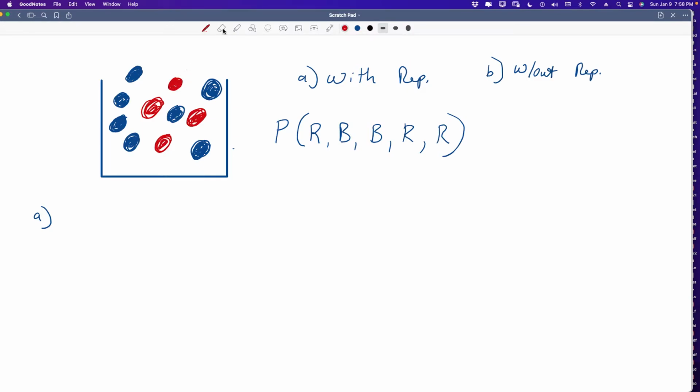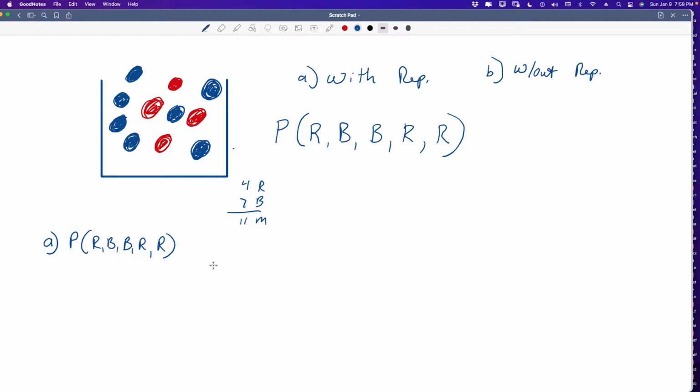Okay. Let me move this down a little bit so I have a place to do a little bit of math. So with replacement means my probability for a red, blue, blue, red, red. Okay, so I have 4 red and 7 blue, 11 total marbles.